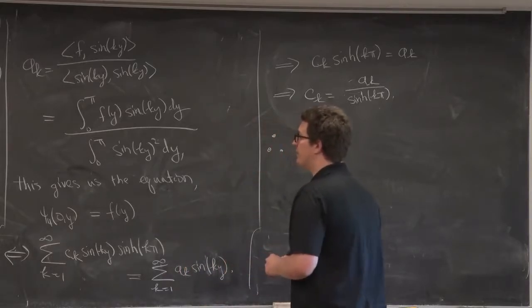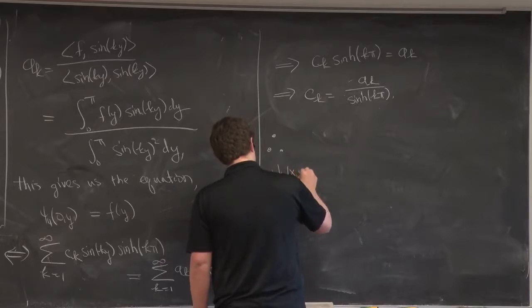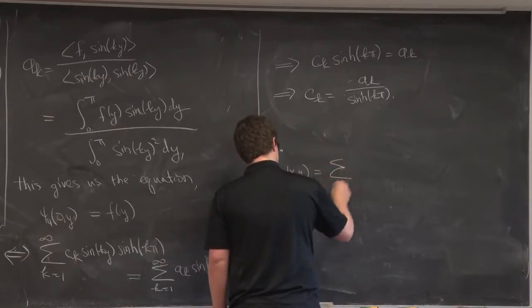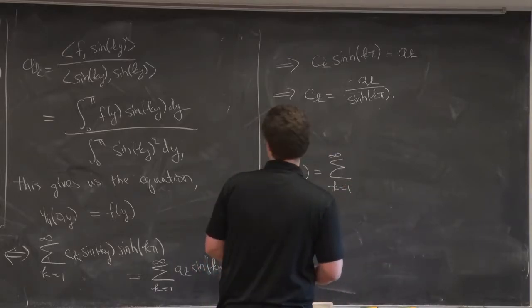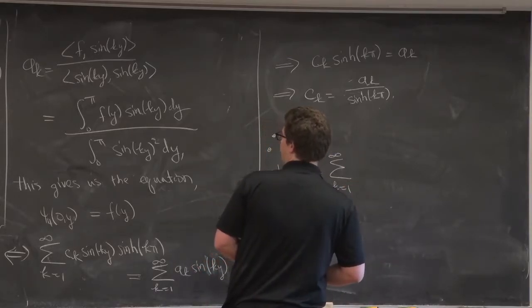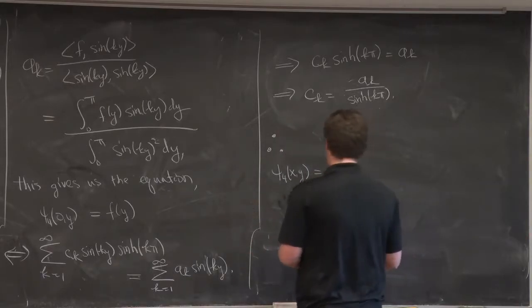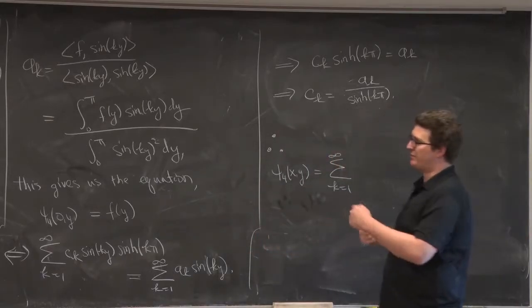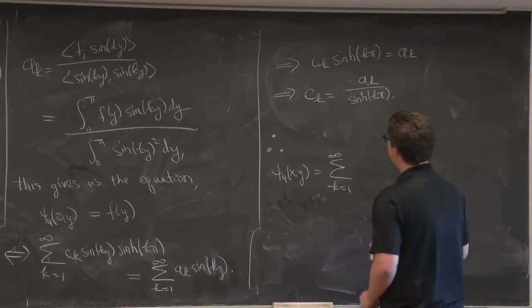Our solution is that psi 4 of x, y is the sum. So we're writing out all these details, but the idea is you get the form of the solution from some of the boundary conditions, and then you just match it up to the data by doing a sine series expansion.